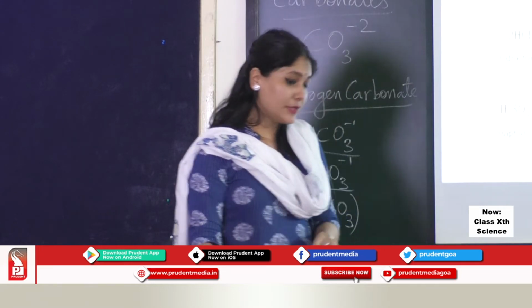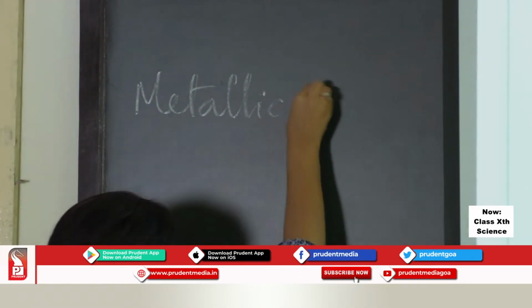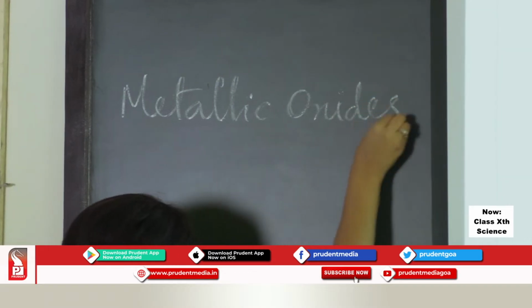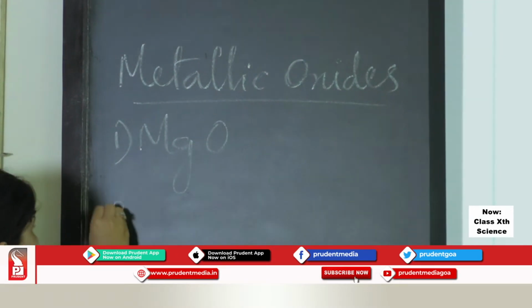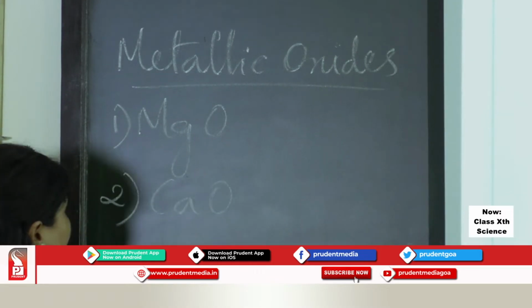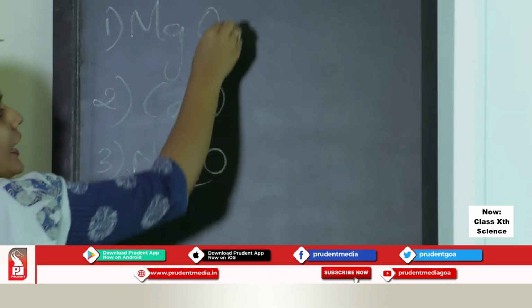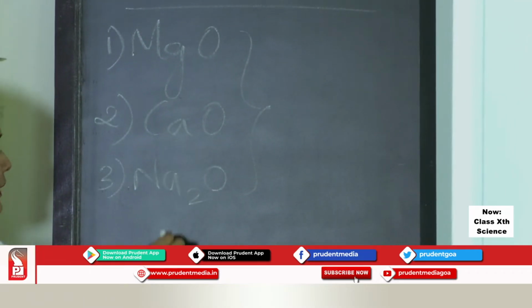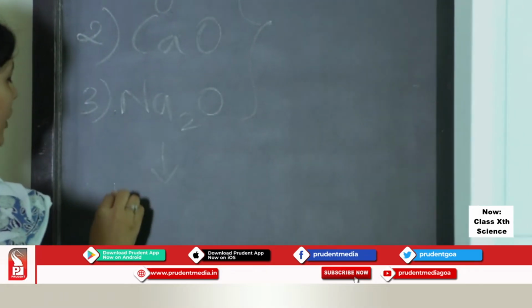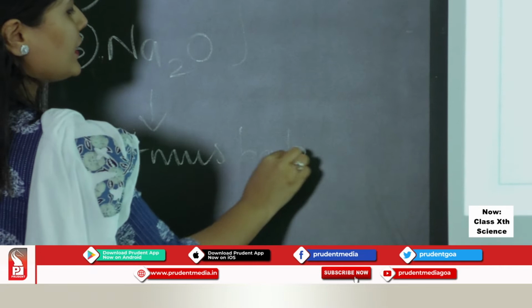So we are having metallic oxides like magnesium oxide, calcium oxide, sodium oxide. If either of these metal oxides, a few examples of it, are tested with the help of litmus paper, what will it result?